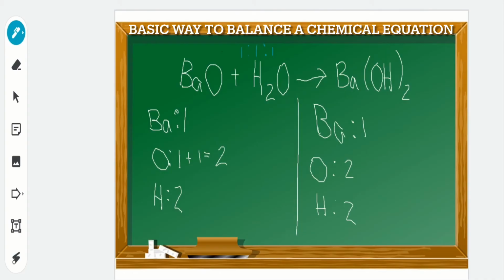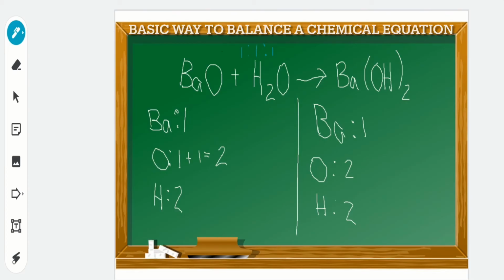Let's say for example, for 1 molecule of barium oxide and 1 molecule of water, ilang grams ng barium hydroxide naman ang form. So pwede nating magamit itong ratio nila, which is 1 is to 1 is to 1. That's why before we solve a problem at concern dun sa mga ganong example, we need to balance first the chemical equation.